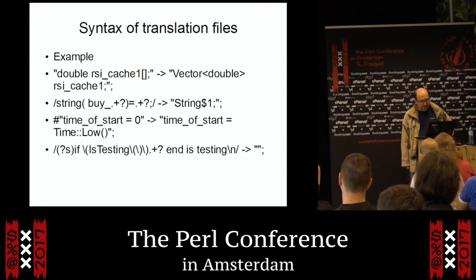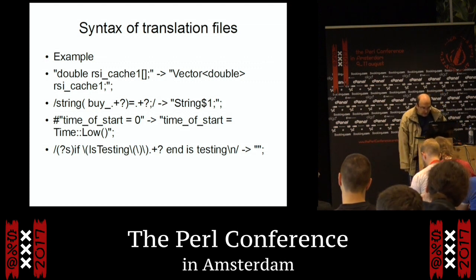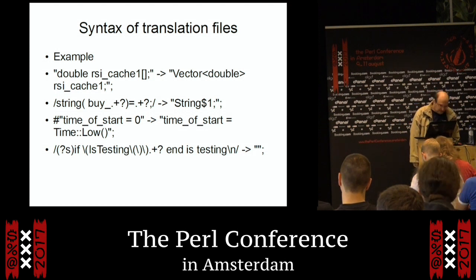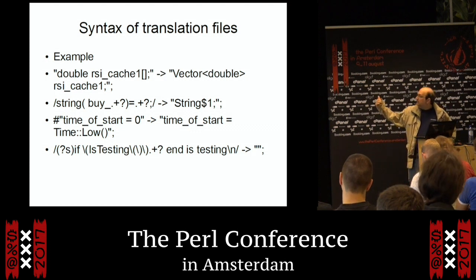Using regular expressions, you can match more than one thing. That's the second example. For example, it will match a string, and that string is basically the string type in MQ4. So it will match a definition of a variable which starts with a prefix, and it will convert it into the C++ version.